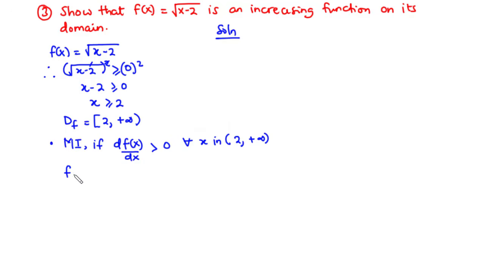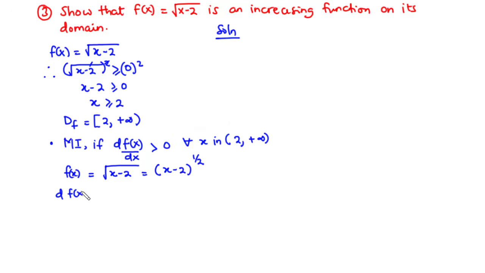So we have f of x equal to the square root of x minus 2, and that can be represented as (x minus 2) to the exponent half.